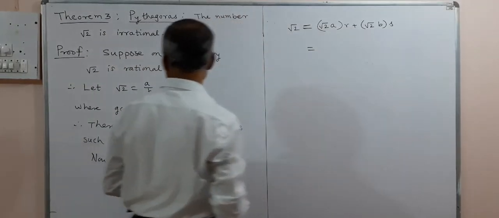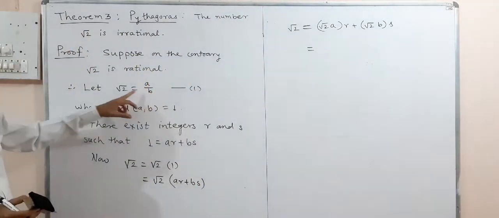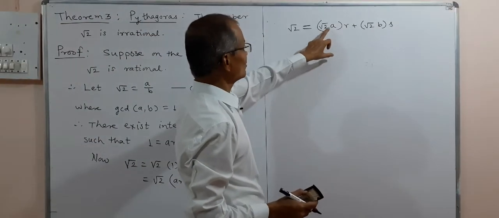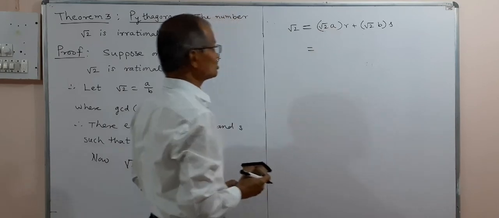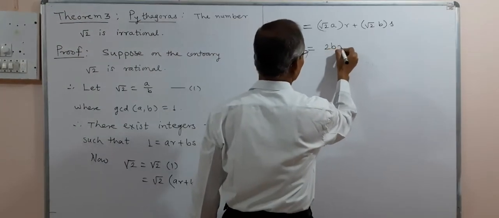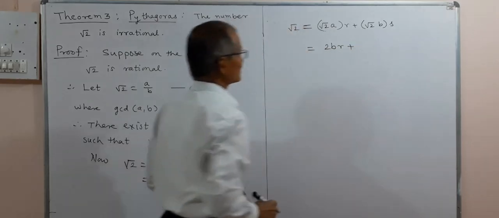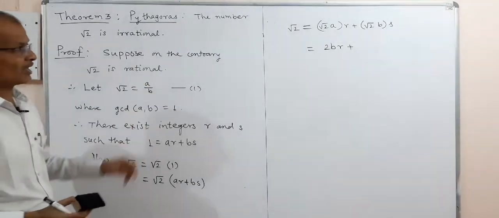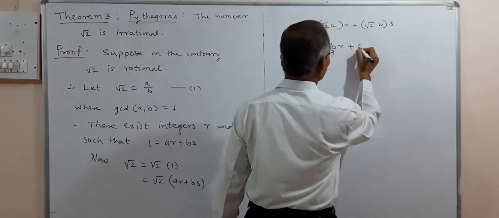So what is A value from this? Root 2 into B, and put it here. So root 2 into B, that is 2B. So this will be 2BR plus, and now what is root 2 into B? Root 2 into B is only A. So there, plus AS.